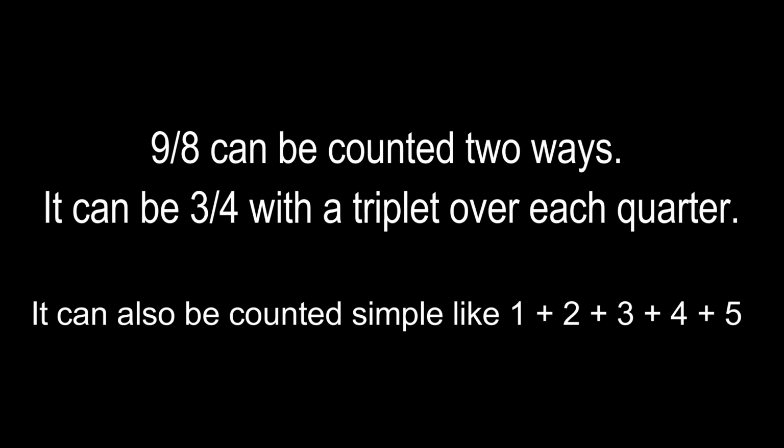So you would have 6/8 again be 2/4, and 12/8 is 4/4. We could also take a look at 3/8, which is a 1/4, because it's just one triplet over the whole.